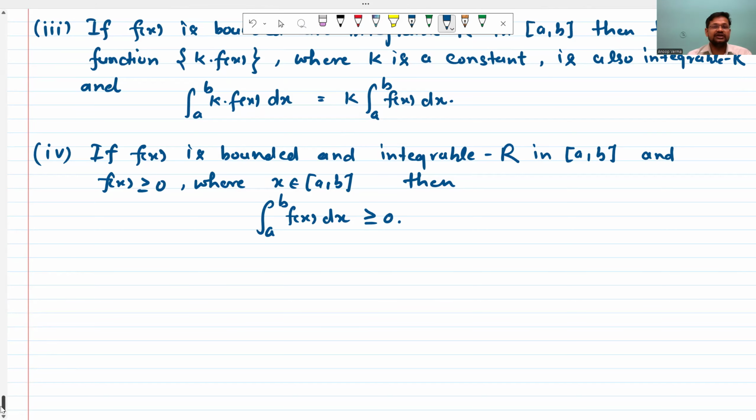It means it also gives a non-negative value. If the function is non-negative, then the value of the integration will also be non-negative.